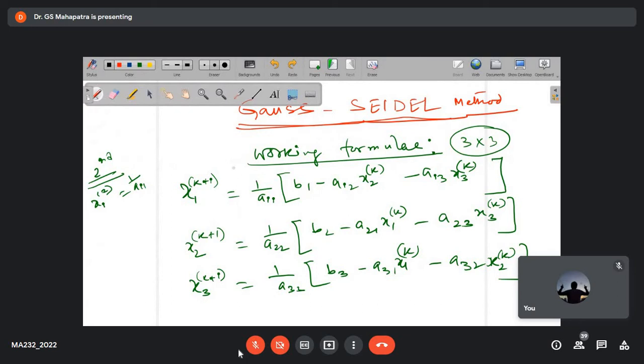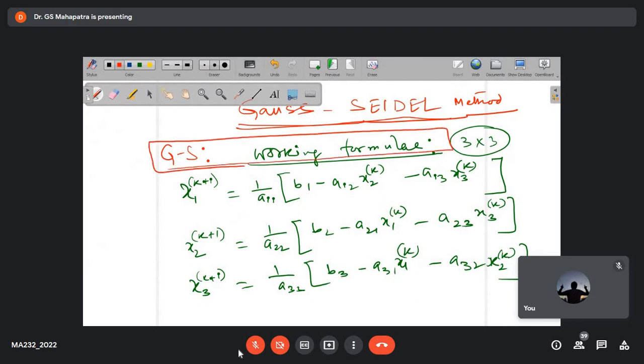Now the working formula for the Gauss-Jacobi method is here. So as per our discussion, we can update this one, the Gauss-Seidel working formula. Now this is the kth iteration, that means general.